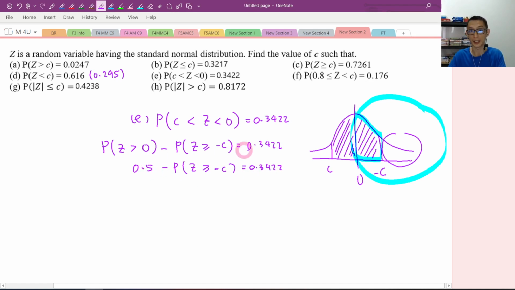So I move the 0.5 over here. This one you have to be more careful. This is 4, not 9. 0.3422 minus 0.5.